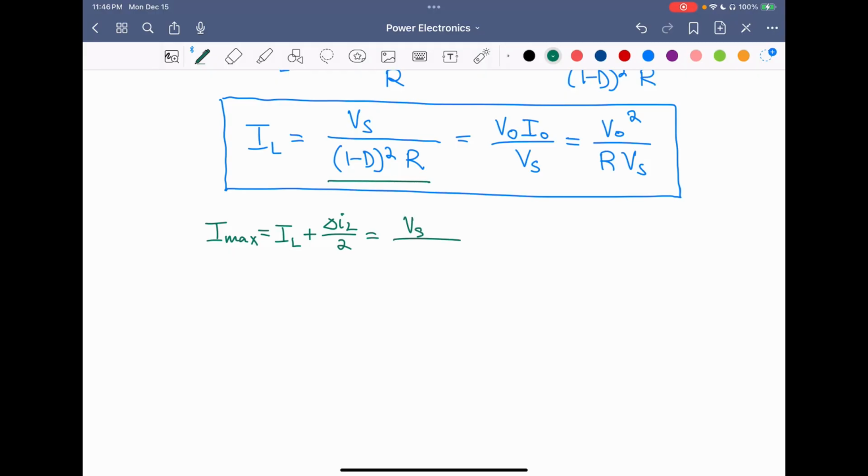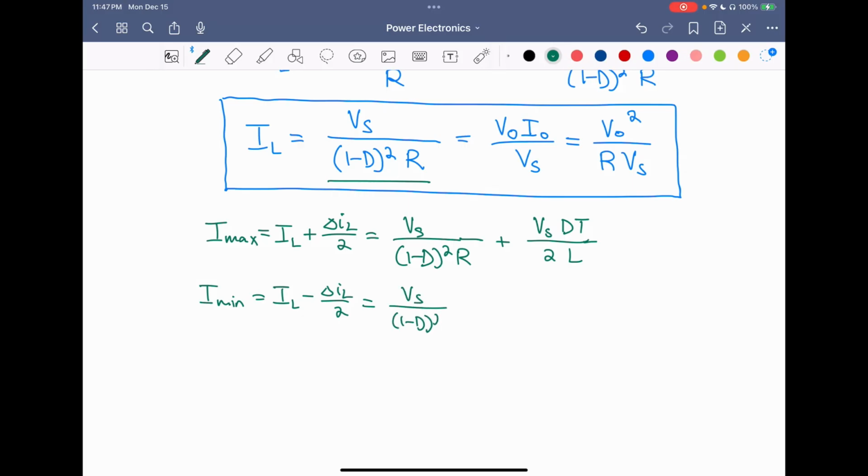So we have the DC component as Vs over (1 minus D) squared R. And then the delta IL is Vs dt over L, and then we need the factor of 2. Now, likewise for I min, we had found that as IL minus delta IL over 2. And that equals Vs over (1 minus D) squared R minus Vs dt over 2L.